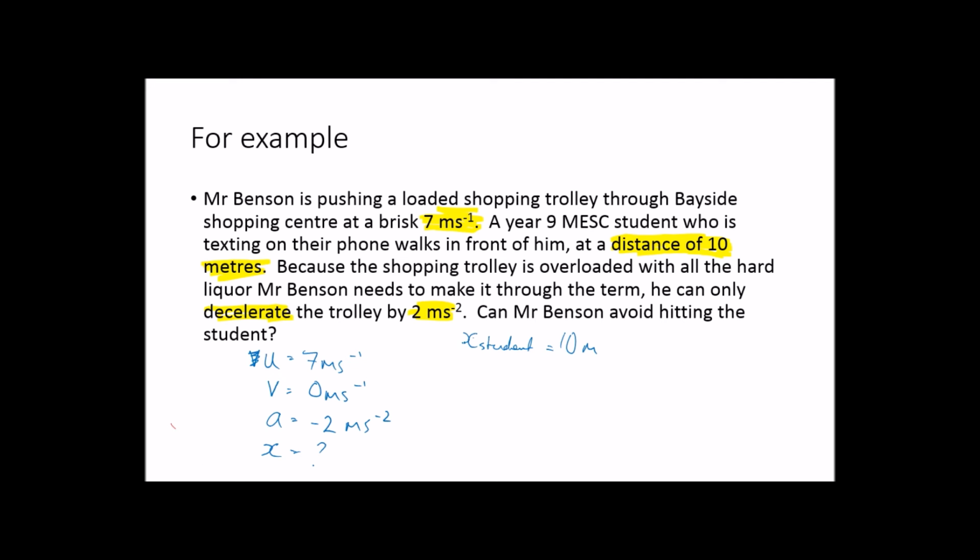So now I've figured out all the information that I know and that I need to know, and so now I can go on to the next stage. This is a key part of this. Think about all the stuff that you know and what you need to know. Then what you want to do is find one equation that suits that. So I've got U, V, A, and X. Working it out, I'm going to look in my list of equations.